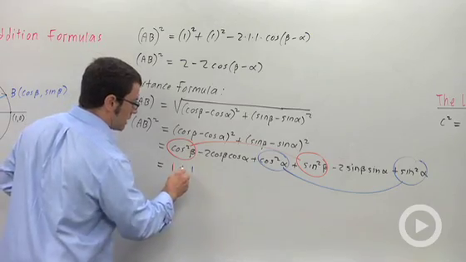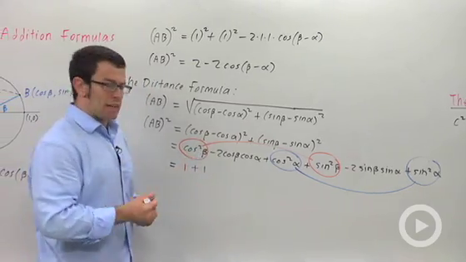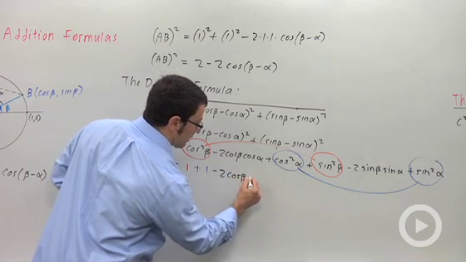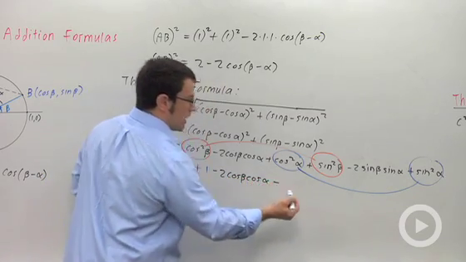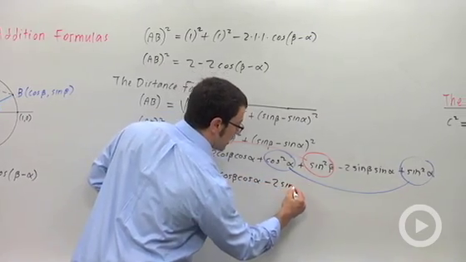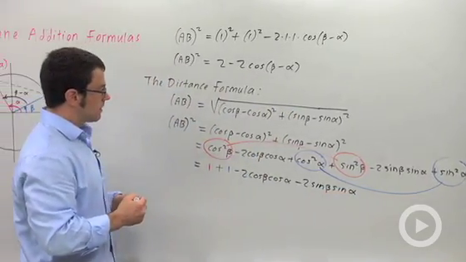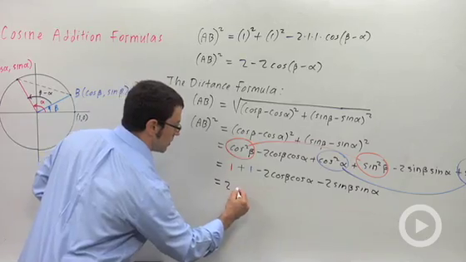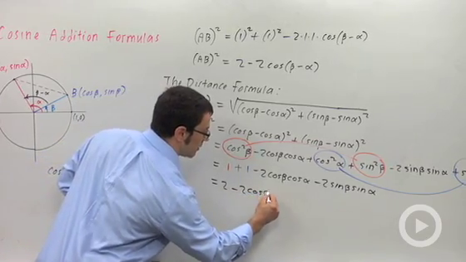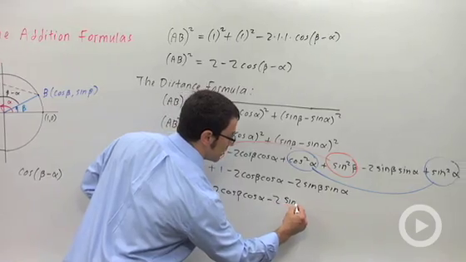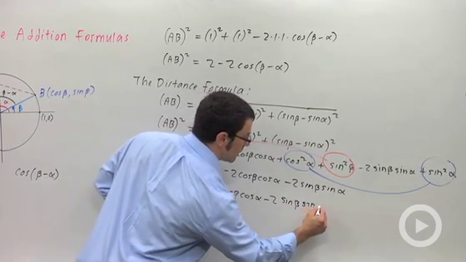So I have 1 plus 1 plus whatever's left, and whatever's left is the minus 2 cosine beta cosine alpha and the minus 2 sine beta sine alpha. This is 2 minus 2 cosine beta cosine alpha minus 2 sine beta sine alpha.